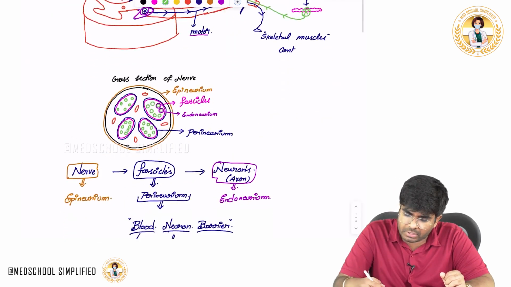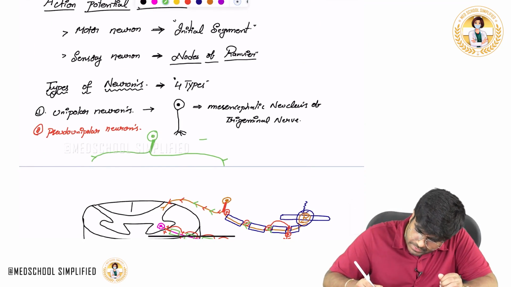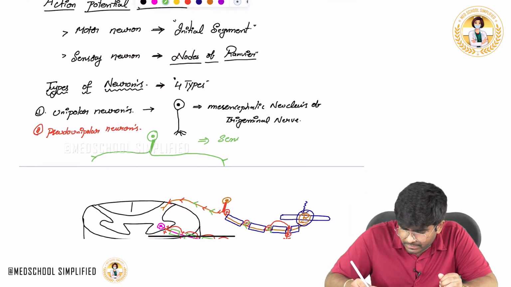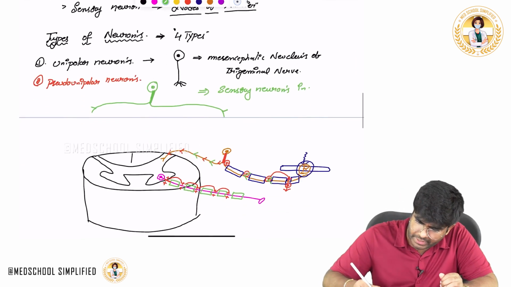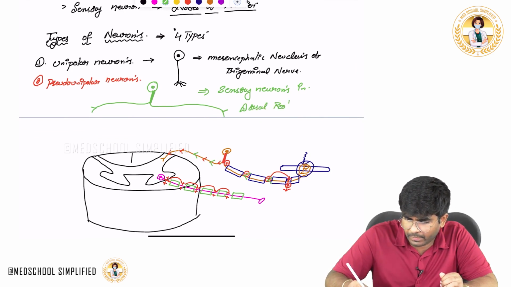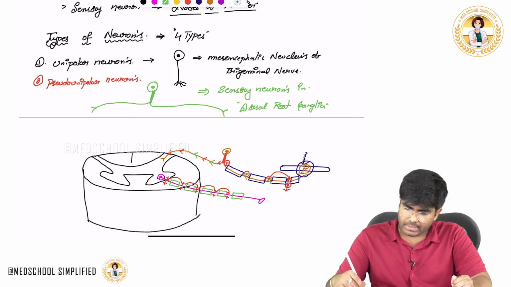The sensory neurons in the dorsal root ganglia are examples of pseudo-unipolar neurons.